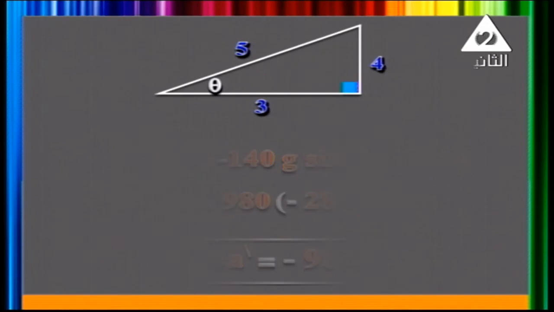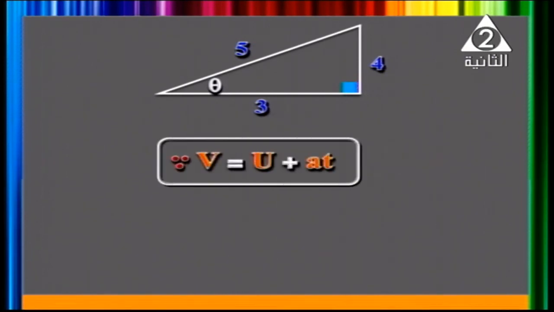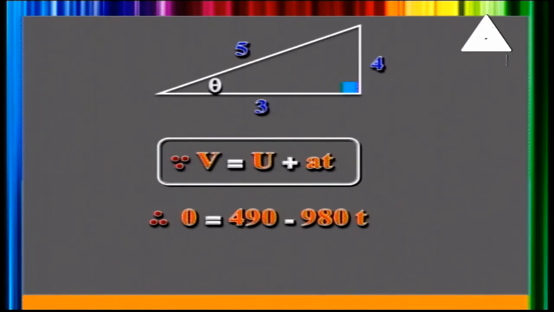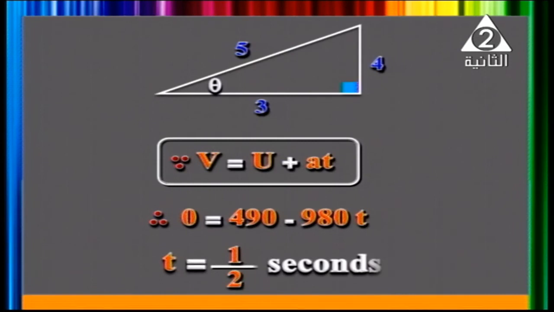Then we use the first equation again, V equal V naught plus AT or V equal U plus AT. Then acceleration is negative 980. Initial velocity in this case equals 490, but velocity or final velocity is 0 to find the value of the time t. Then time equals 1/2 seconds.